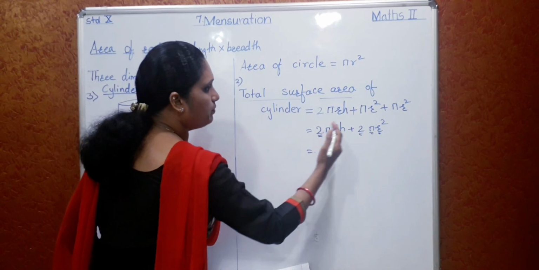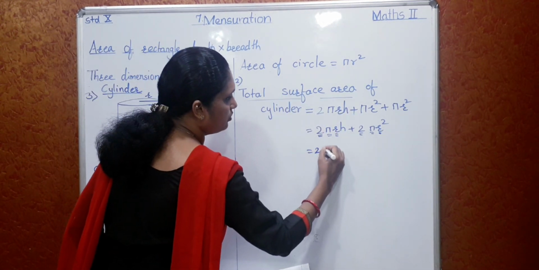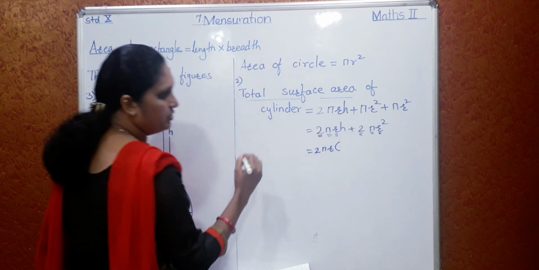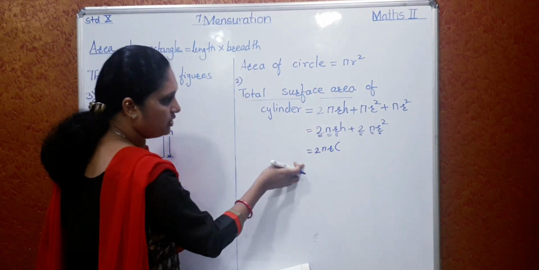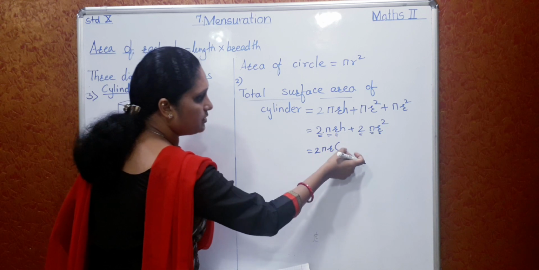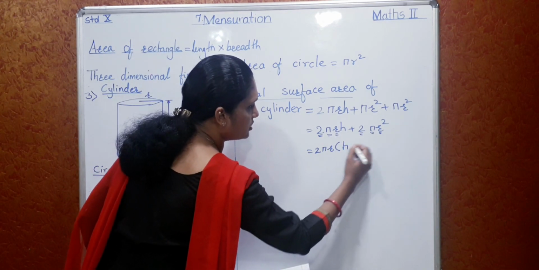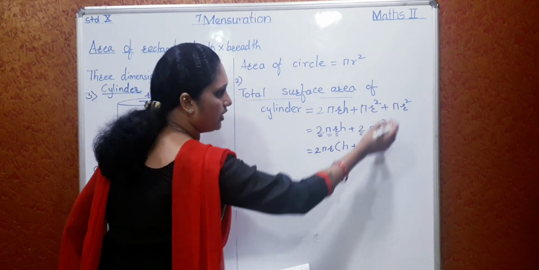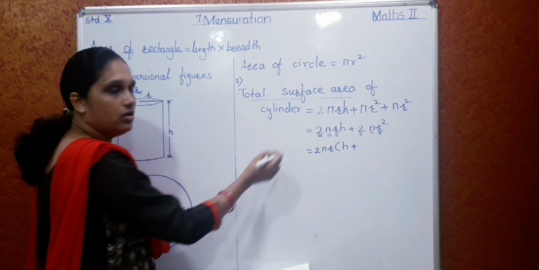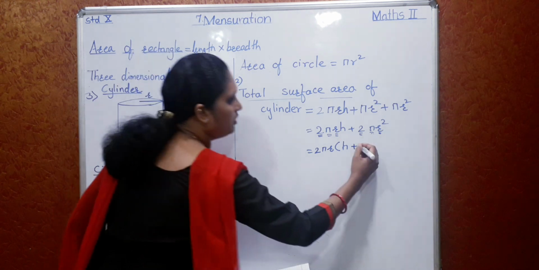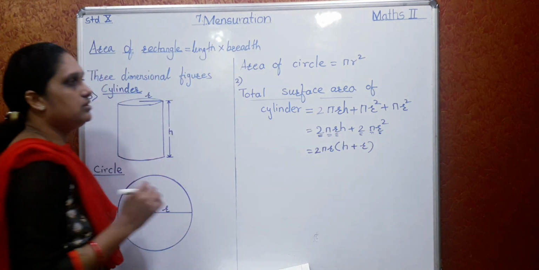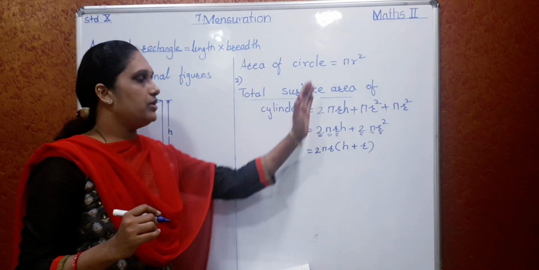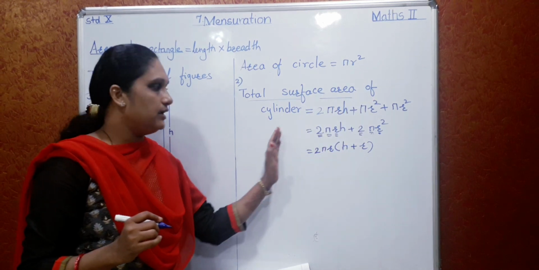So I'll take 2 pi r common. If these three terms are common, what is remaining? Here remaining is h. The next sign is plus. And from 2 pi r square, if 2 pi r is taken out, what is remaining? r remains. So the total surface area of the cylinder is 2 pi r (h plus r).